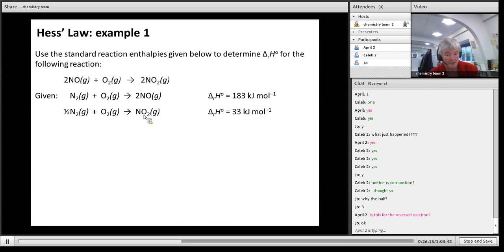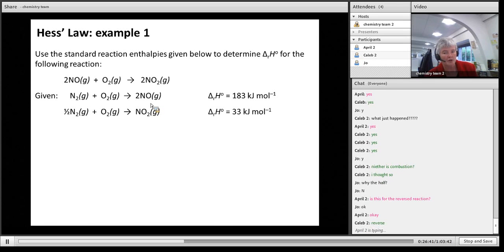Okay, we may have to reverse reactions now to get to this one. So let's start. If I want to get to that one, I need NO on the left-hand side and NO2 on the right-hand side. So with this first equation, what do I do with it, remembering I need NO on the left-hand side and NO2 on the right?